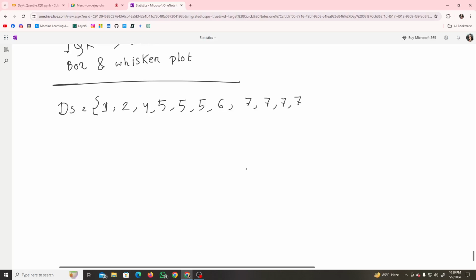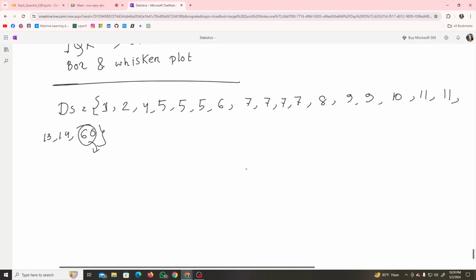We are using the previous data set. 8, 9, 9, 10, 11, 11, 13, 14, and 16, the outlier one.